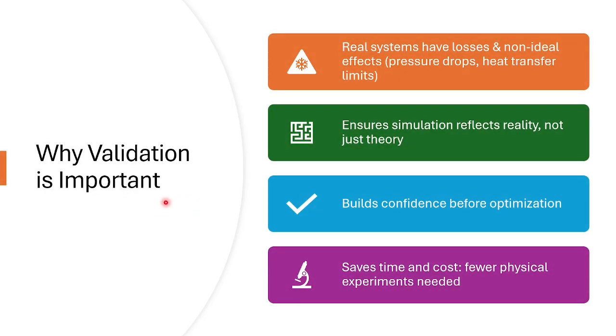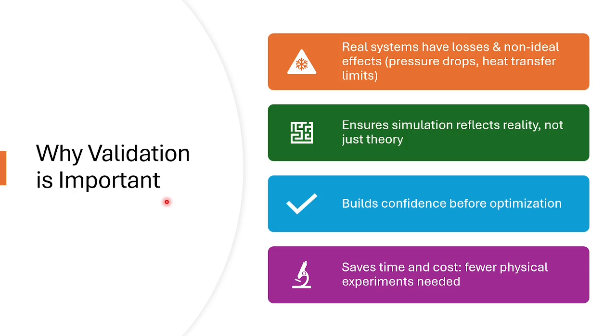So why is validation important? Think about it in this way. Imagine you build a car engine simulation and it shows fantastic performance, but when you build the real engine, it fails miserably. That's what happens without validation. Validation ensures accuracy of the model, reliability for future designs, and confidence in optimization decisions.